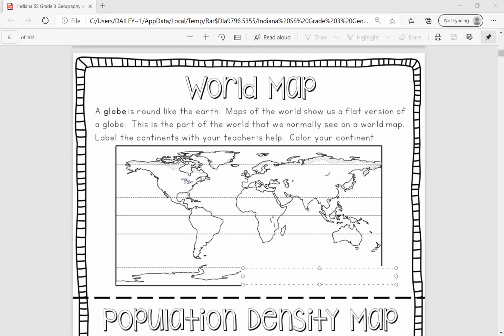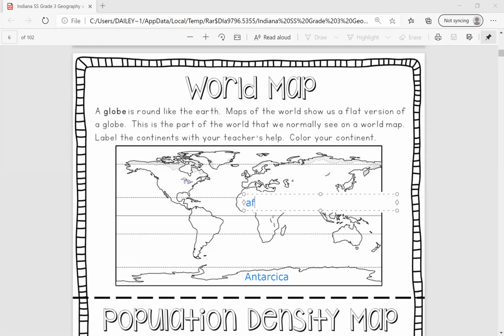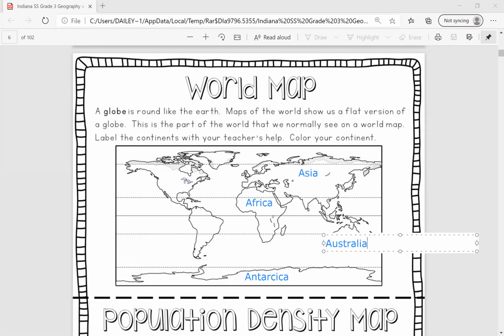We have the Antarctic. There is Africa. We have Asia. We have Australia. We have South America.